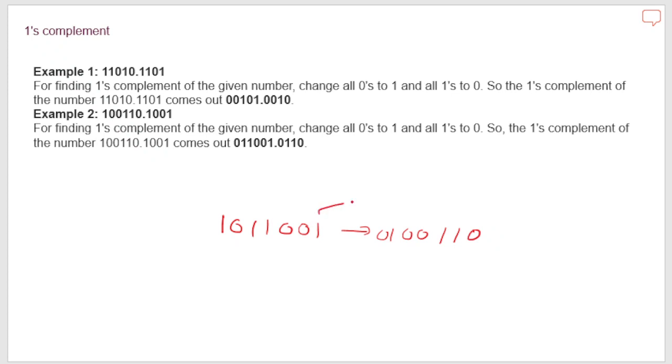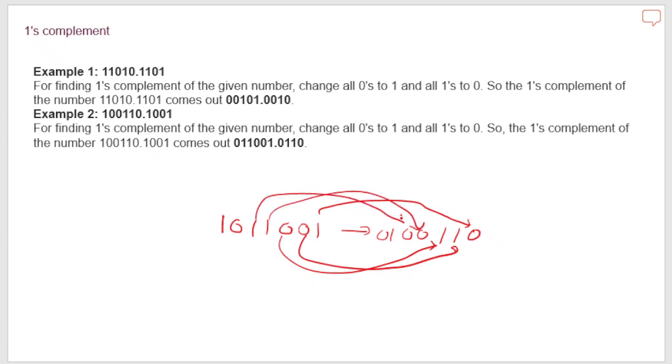So this 1 becomes 0, this 0 becomes 1, and similarly 0 becomes 1, this 1 becomes 0, this 1 becomes 0, this 0 becomes 1, and this 1 becomes 0. Like this we will do that.